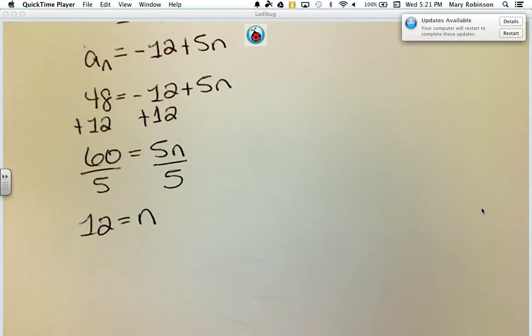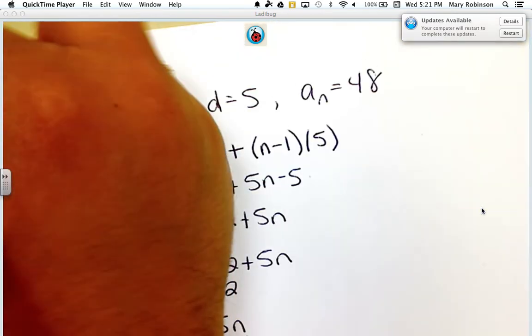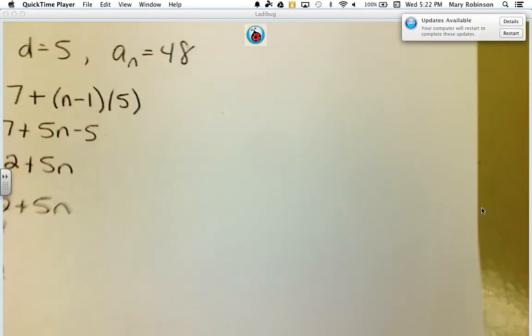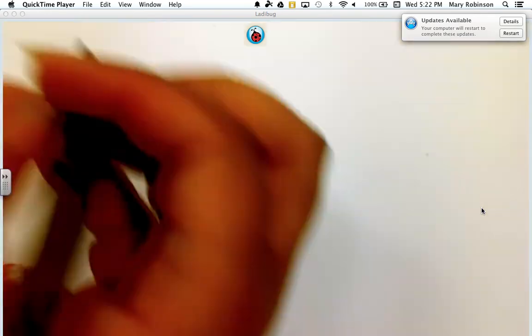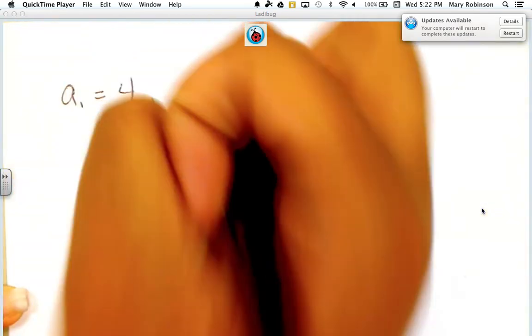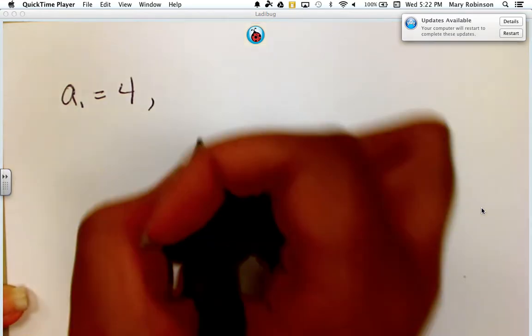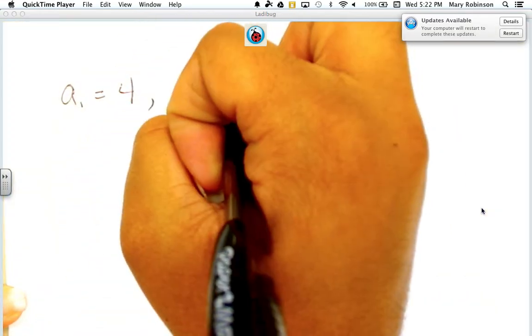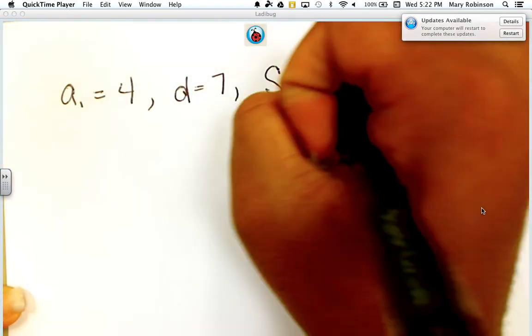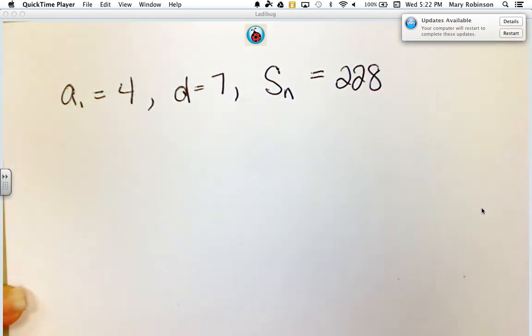So that was 6a. For 6b, it's a little bit different. In b, you're given a sub 1 equals 4, d equals 7, and s sub n equals 228.